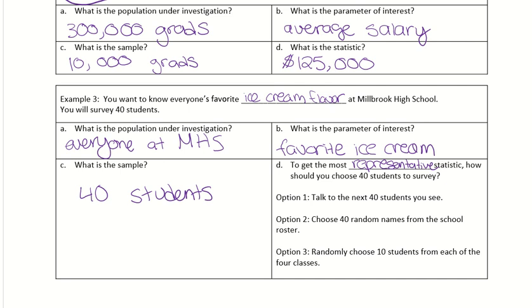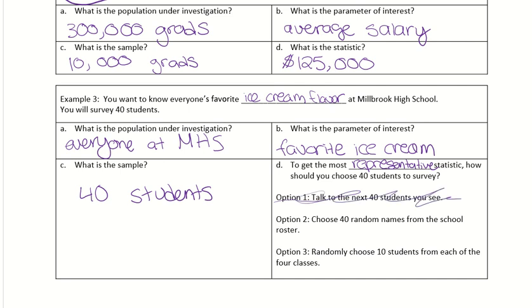Which one of these options do you think would give you the best snapshot, the best representation of Millbrook High School? It's probably not number 1, because if you talk to the next 40 students you see, they're going to be students who are like you. That doesn't represent all the different kinds of people, different ages, different beliefs, different choices of Millbrook High School. So option 1 isn't the most representative option.